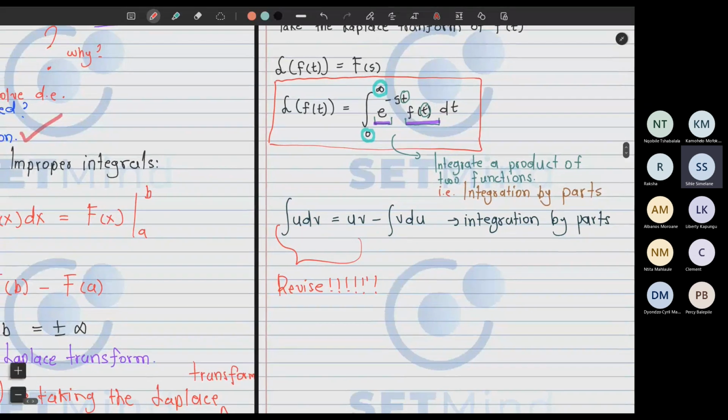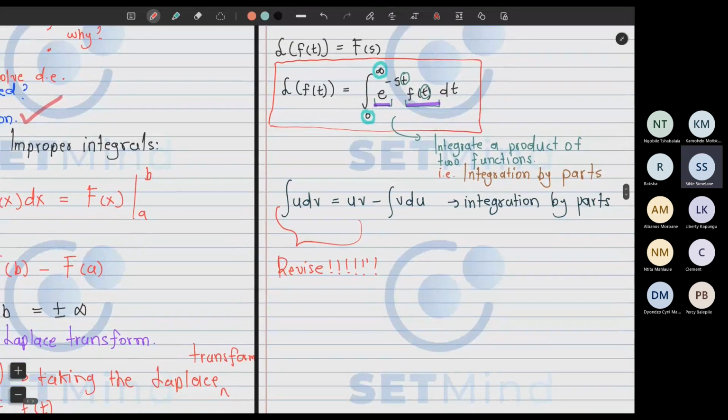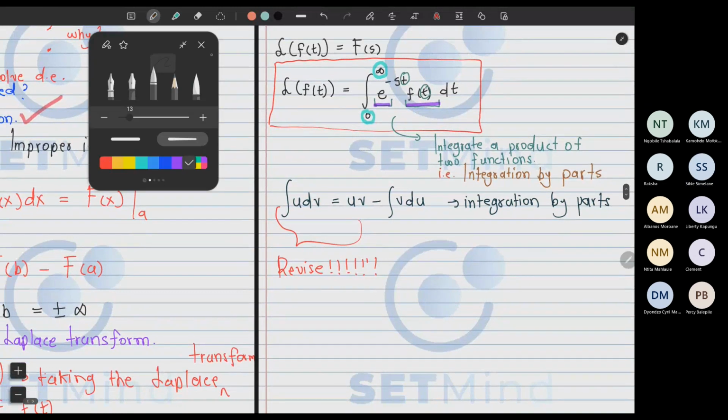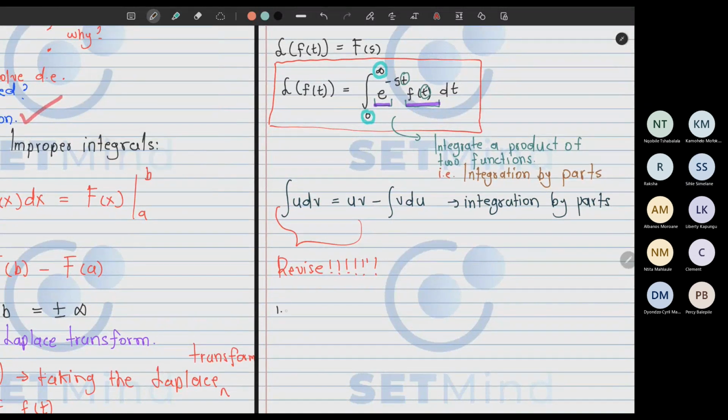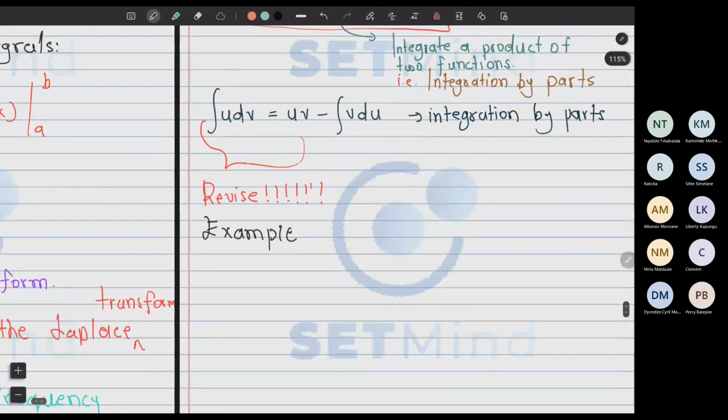So let's say we are given f of t. Let's take the first example. Let's say f of t is e to the alpha t.